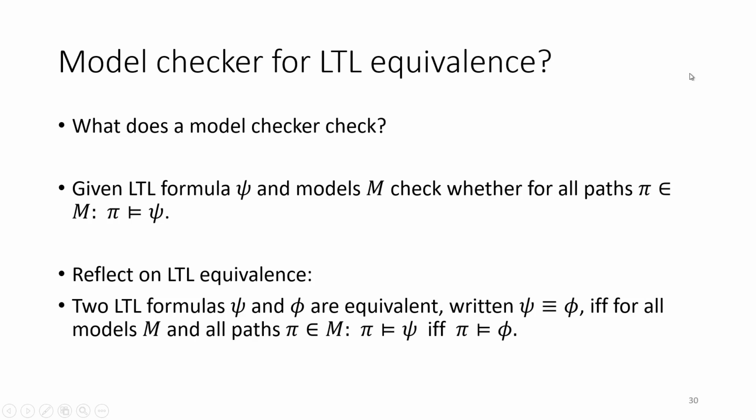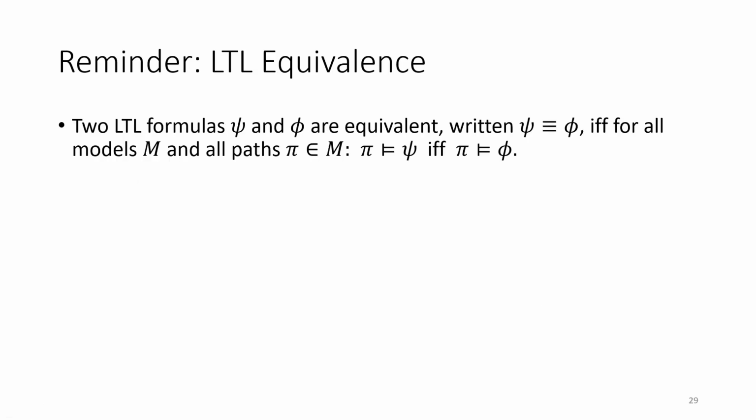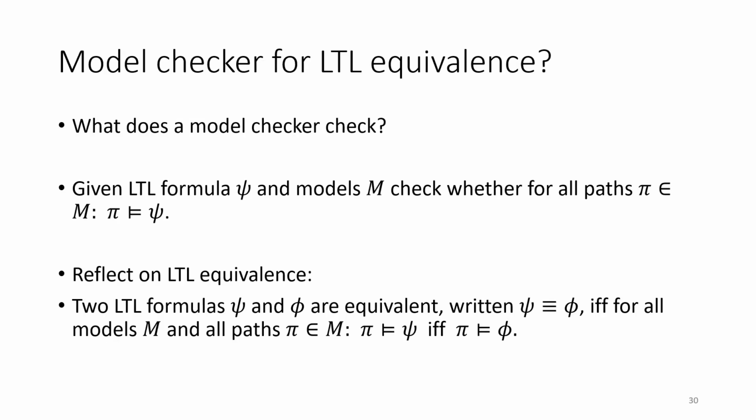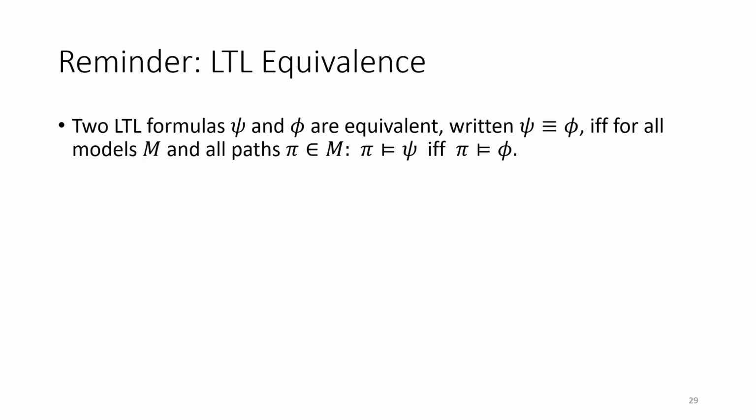We showed this difference between two formulas where we said eventually x and y means x and y must happen in the same state, or must be labels of the same state, and eventually x and eventually y just means that they both have to become labels of some states on some computation path, which is different. So now, can we use a model checker for checking LTL equivalence?